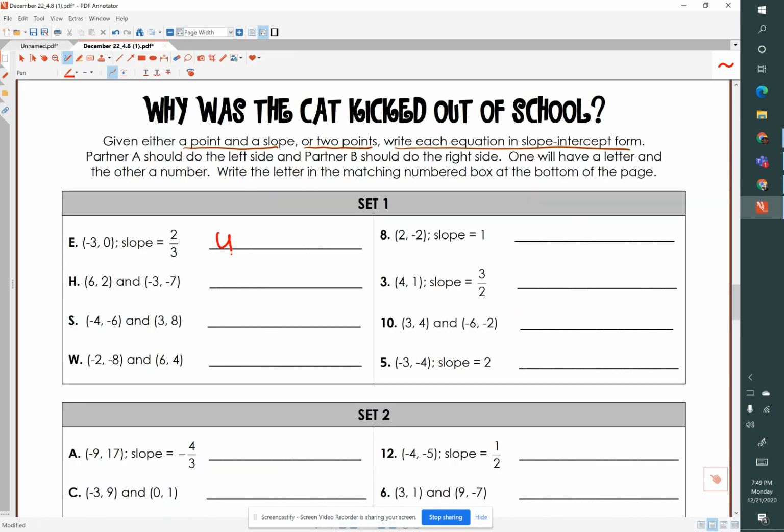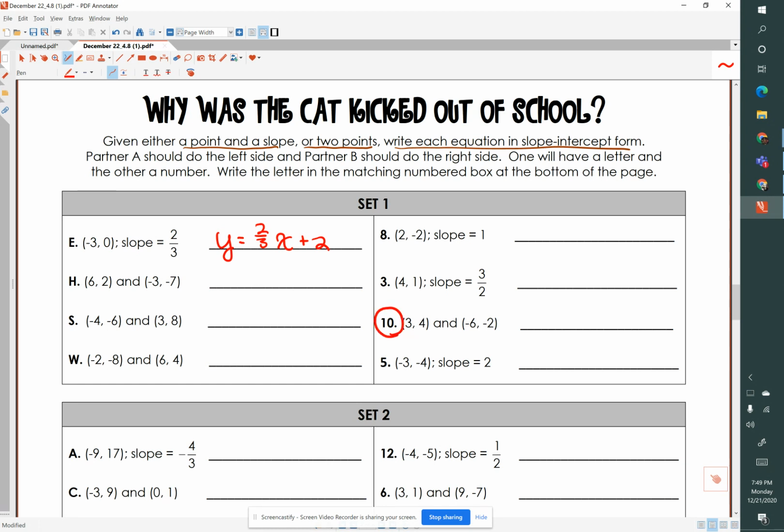Right here. So then we start to solve the problems on the right side. So let's try to solve number 10.